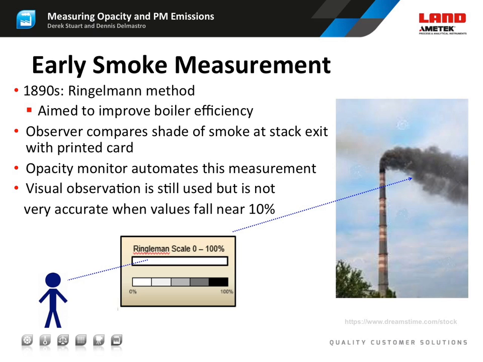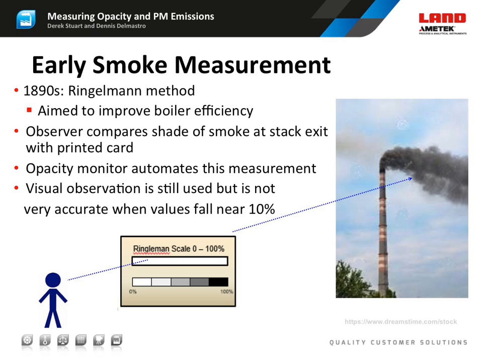The visual observer would use a card, similar to what you see on the slide, which has 5 20% segments and an increasingly darker shade of gray as you move from 0 to 100% opacity. The observer would look through the top slot at the smoke coming out of the chimney and then compare it to the 0 to 100% scale and make an opacity reading.